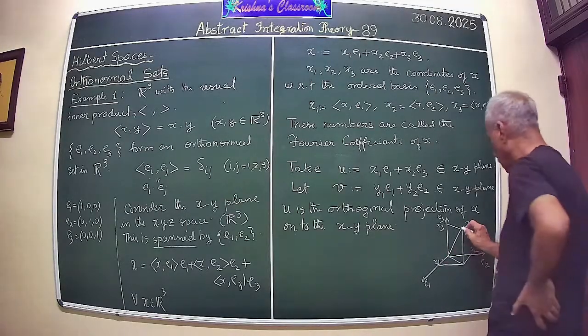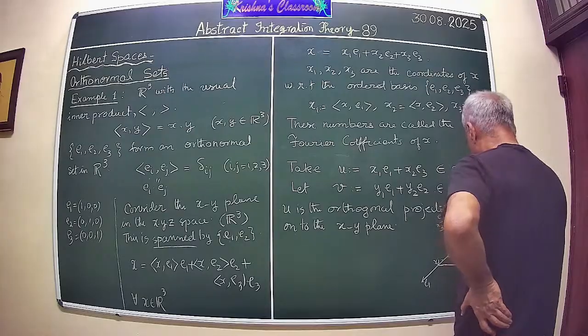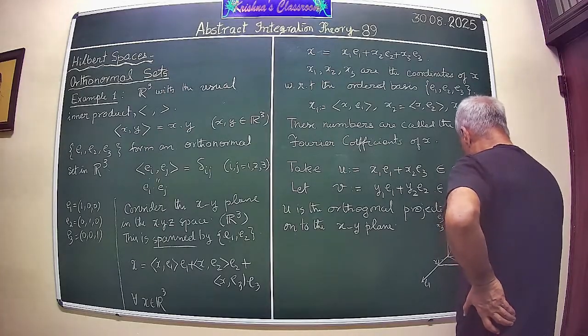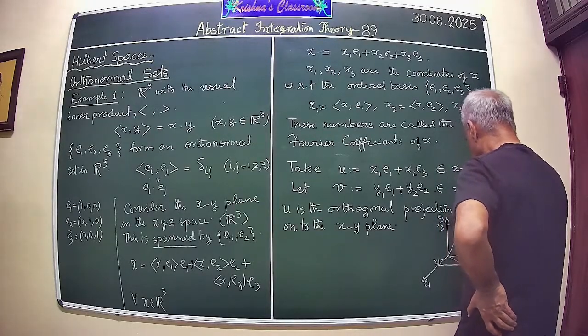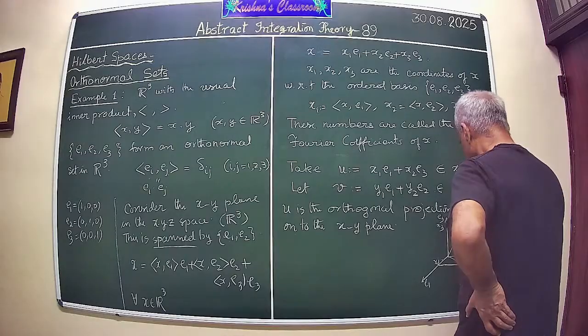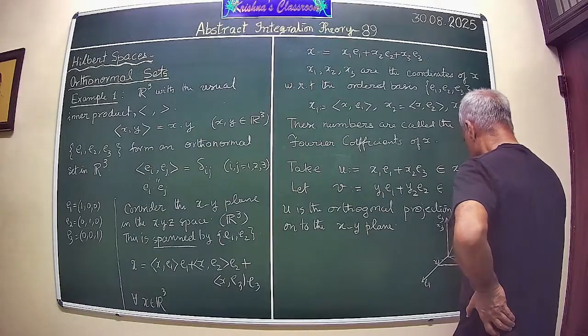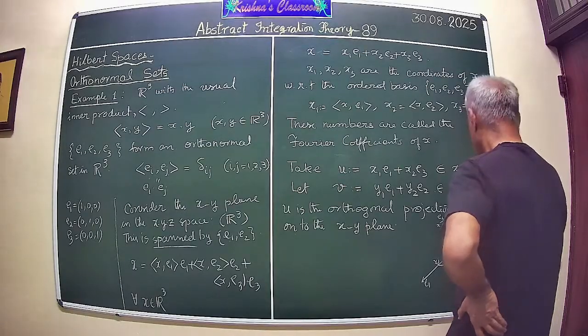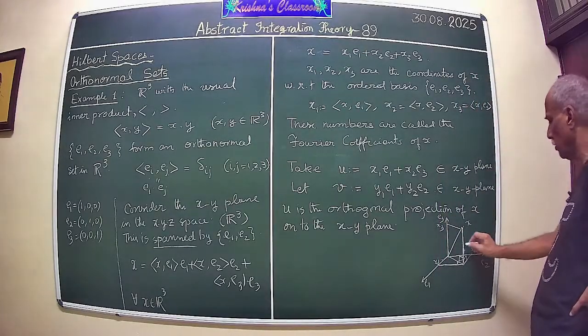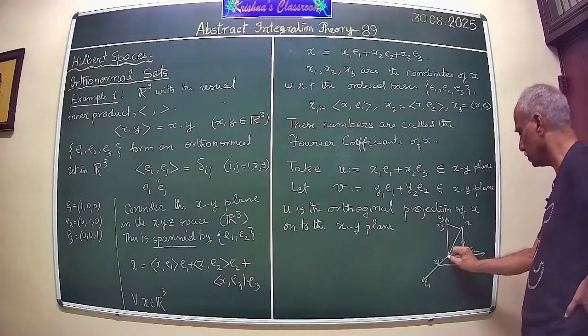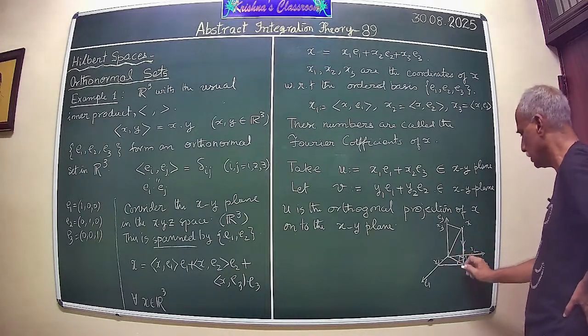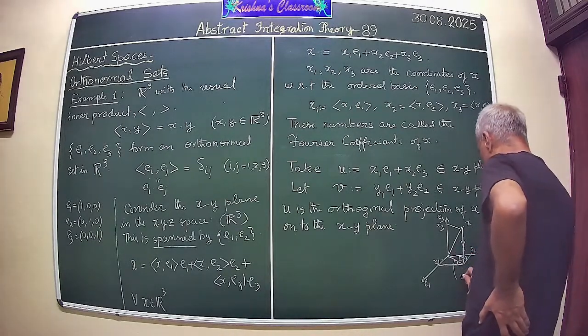This is the orthogonal projection of x to the plane, this is the one, this is u.